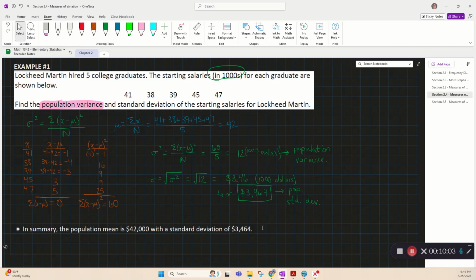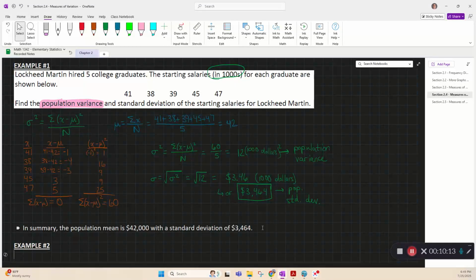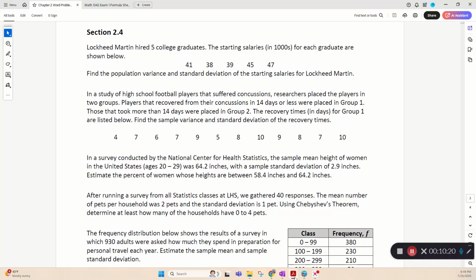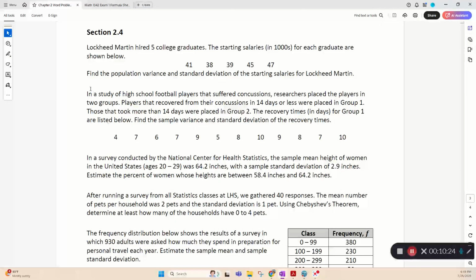Now, example 2, we're going to deal with samples. So pull that up, go back here, insert screen clip.